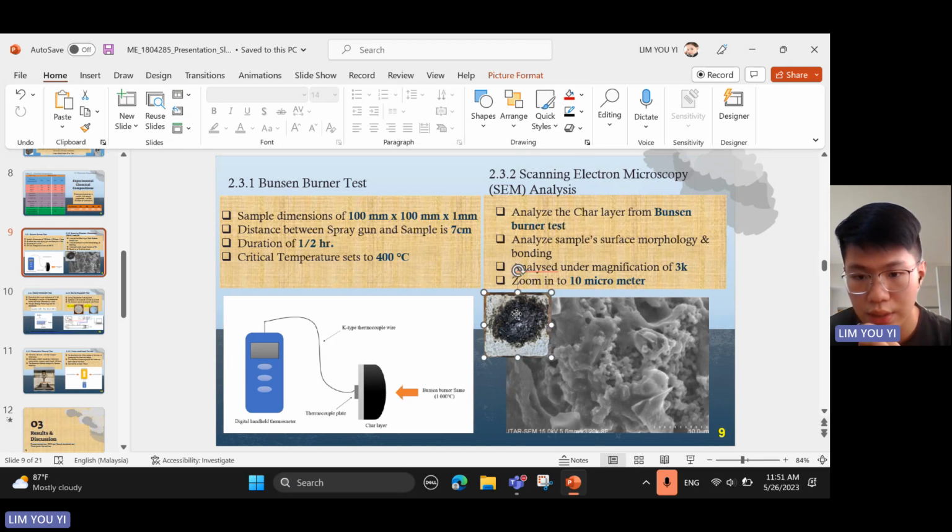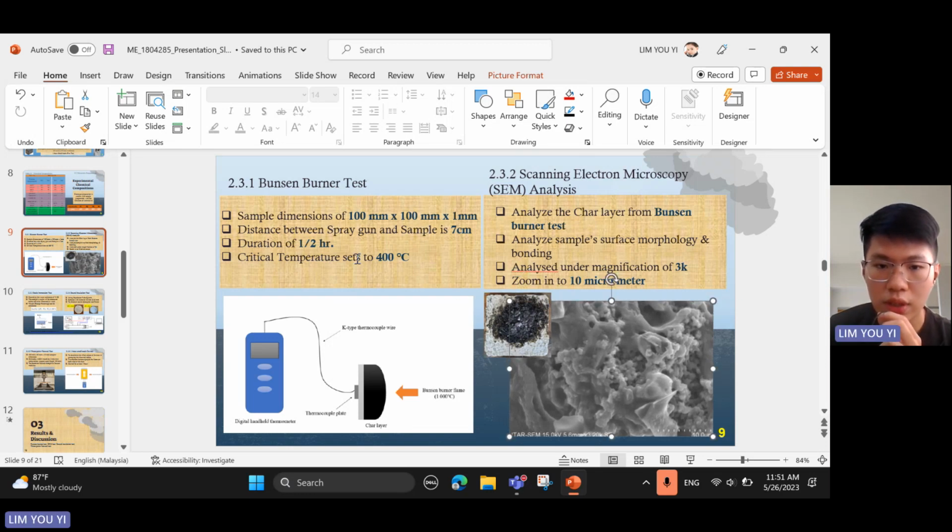As you can see in this small picture, the dark hairline structure is what we call the char layer. This char layer can serve as a fire protection barrier that helps to protect the underlying substrate by resisting or reducing the penetration of the hot flame throughout the fire test.